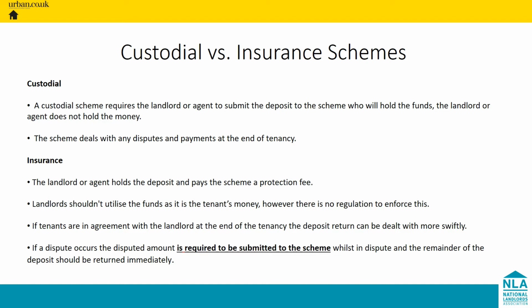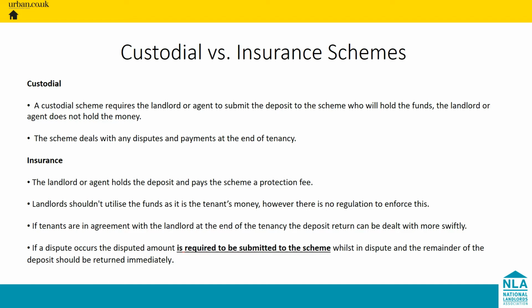So if there is a disputed amount of, say, £200, does the landlord get to hold on to that £200, or do they have to submit it somewhere? The tenant would have to raise a dispute with the scheme, and then the landlord is asked to remit the disputed amount to us, and best practice is to then send the tenant anything that's left that isn't disputed.